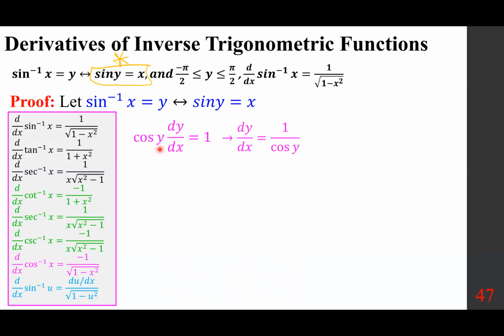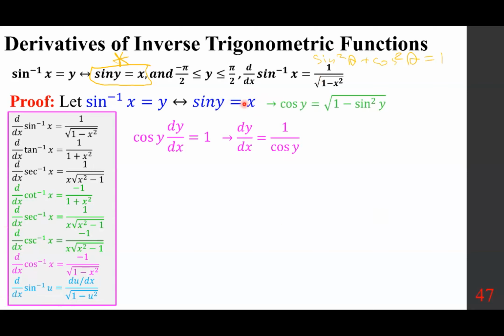Now, what is cosine y? If sine y is x, we can find cosine y because we know sine squared theta plus cosine squared theta is 1, right, class? It's a Pythagorean identity. Therefore, if I want cosine y, I put the square root of 1 minus sine squared y.